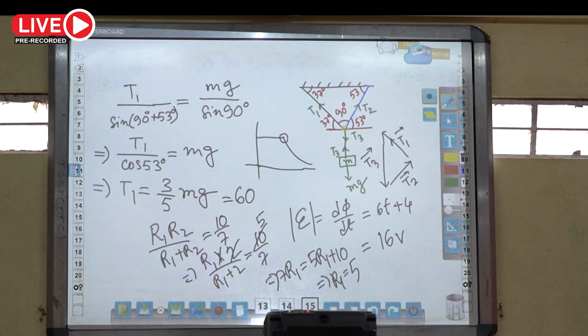Now option C: gravitational field intensity due to Earth increases with increasing altitude. That is wrong, because it decreases with increasing height above the Earth's surface. So option A and B only are correct. That is option 1.